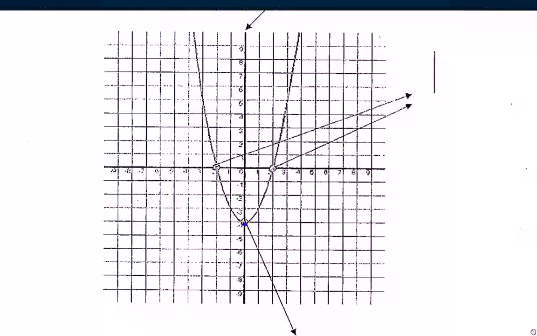So let's look at an actual graph of what this might look like and label. So first of all, I have my vertex. That is this lowest point. So that would be my vertex, and we would call it a minimum.